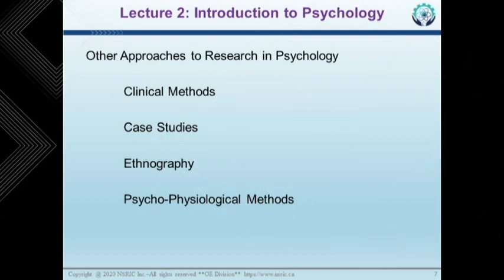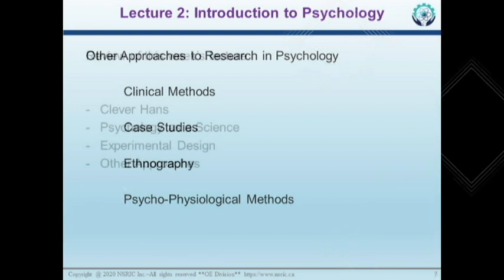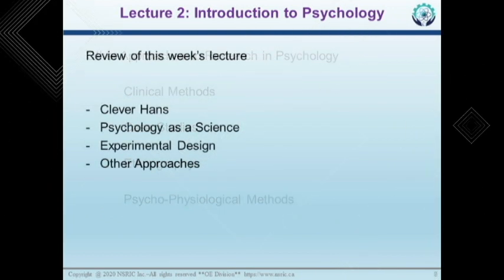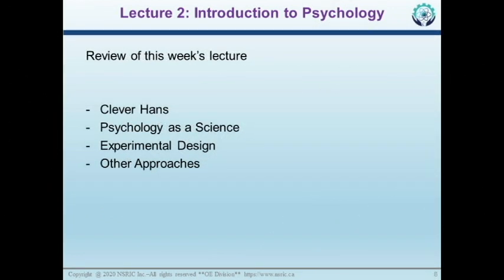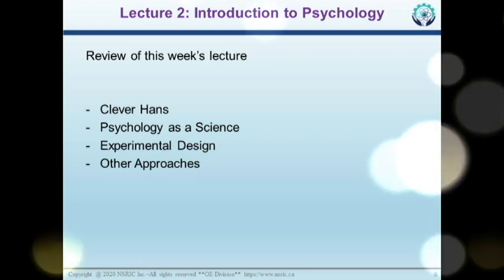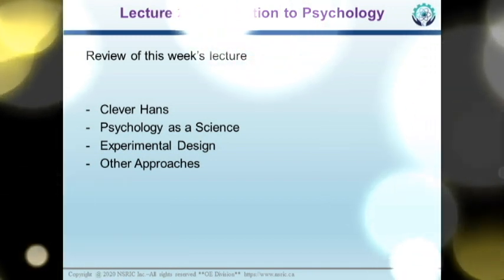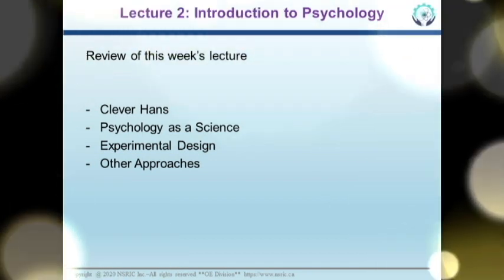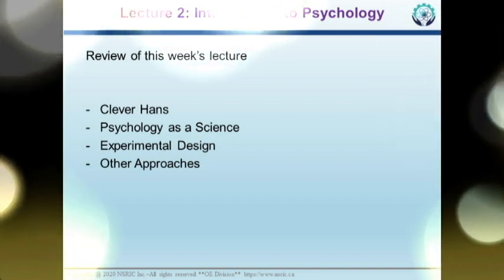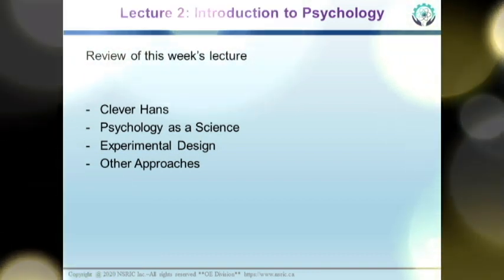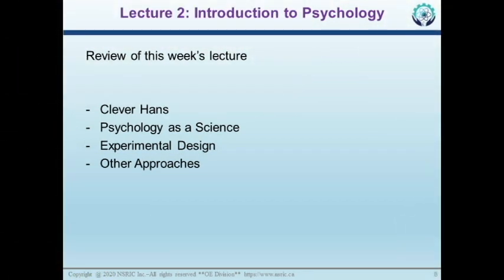Now, it doesn't diminish Hans's cleverness and his uniqueness in the animal world, but it does give us a more accurate picture. And so psychology can be a science in that it uses experimentation to question, to move knowledge forward. And we can use experimental designs where we are proposing a hypothesis and then a null hypothesis.